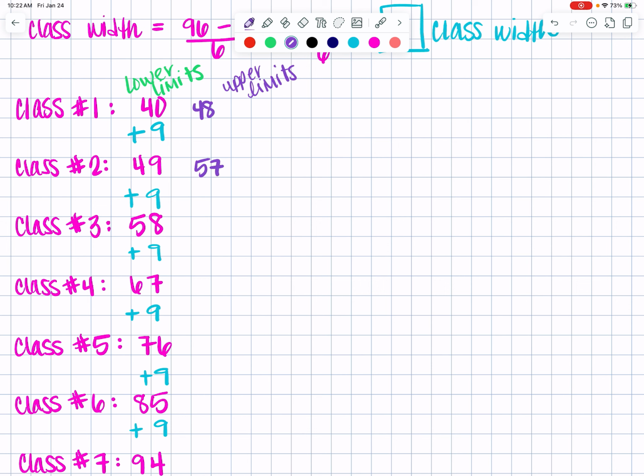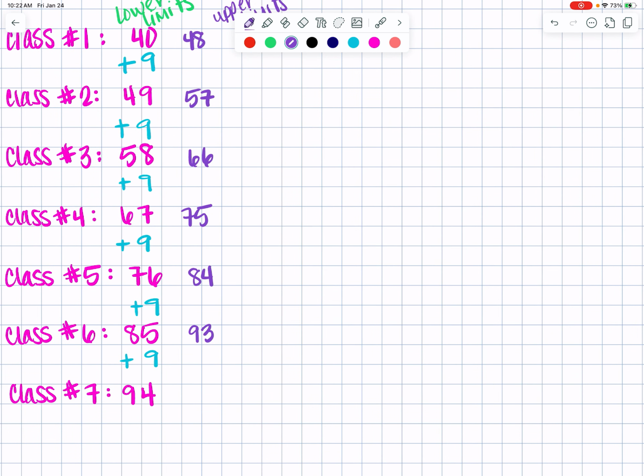And then I go to 58 for the third class. 66. And then 75. And then 84. And 93. If I add 9 to 93, I get 102. So that gives me my lower limits and my upper limits.